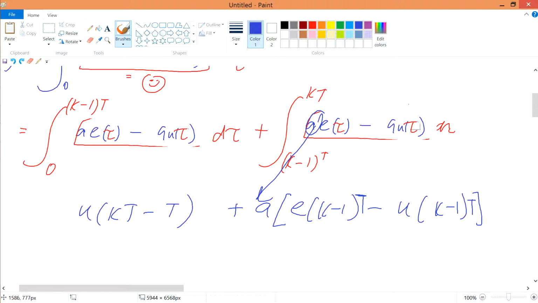Minus your, maybe I should put t, this is your A u(tau), it becomes u((k minus 1)t). So your A is being factorized out already, just to inform you. A over here is factorized out over here, while your e^tau is this one, minus away your u(t), which is this one. That makes more sense.